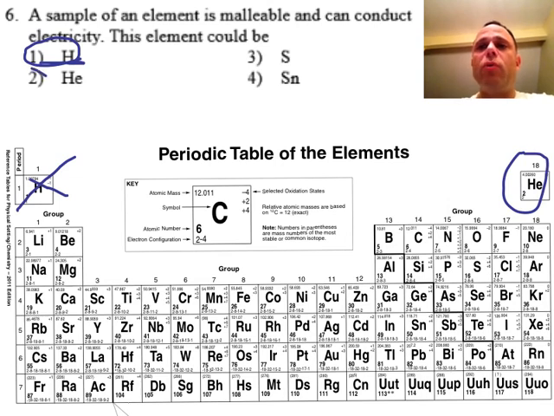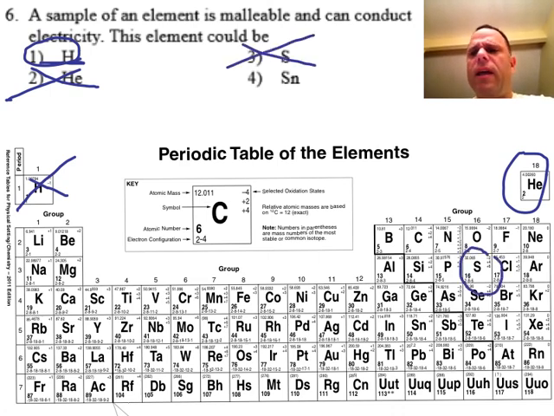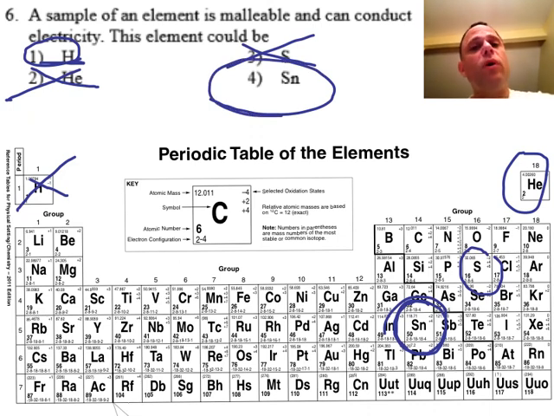Helium's right over here. It's a noble gas. Sulfur, S, where are you? Not a metal. And Sn, now that is tin. It is located right here, and tin is a metal. It is malleable, and it will conduct not only heat, but electricity.